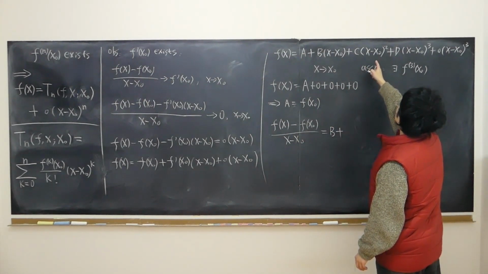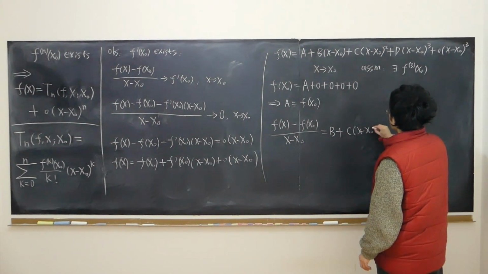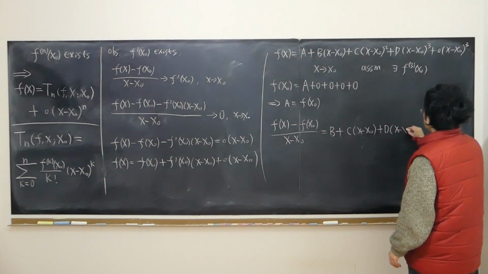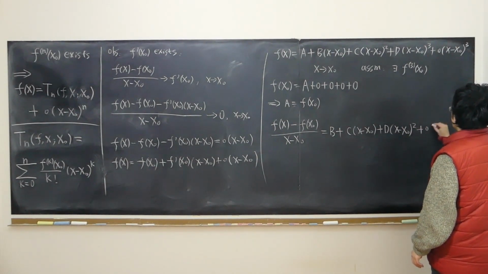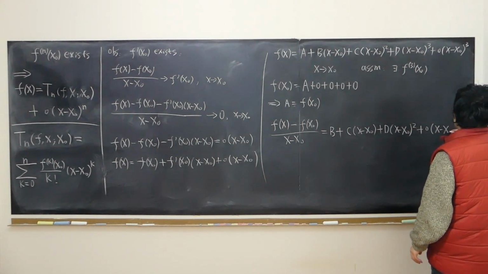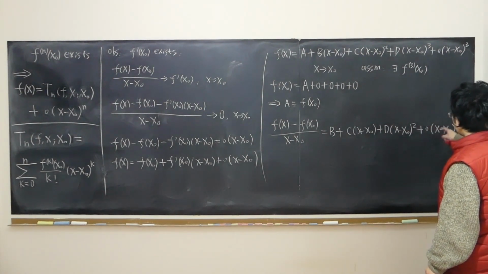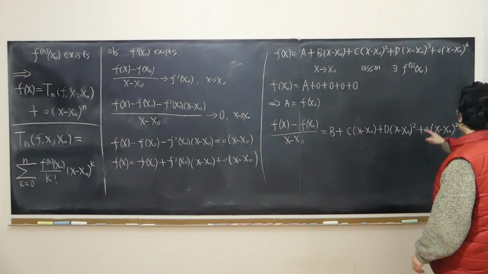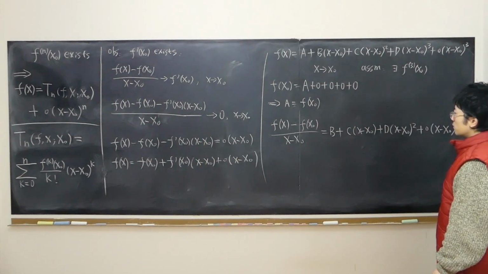Next term, I'm left with C times (x minus x naught), plus D times (x minus x naught) to the power of 2, plus little omicron of (x minus x naught) to the power of 2. The reason we can straight away divide the little omicron of (x minus x naught) to the power of 3 by x minus x naught and rewrite it like this is that it's easily verifiable.